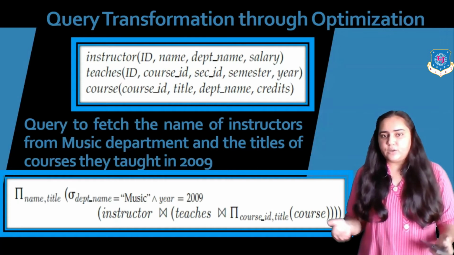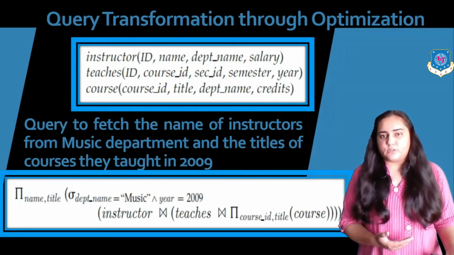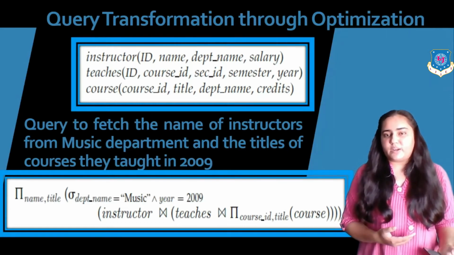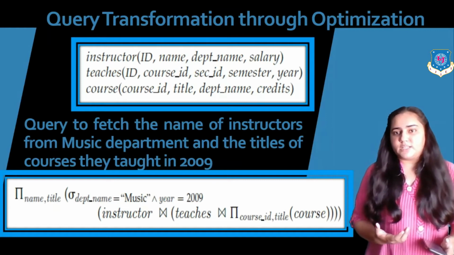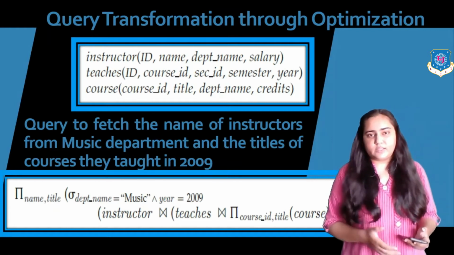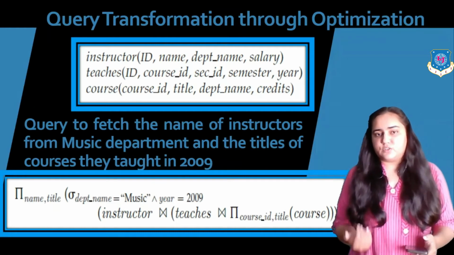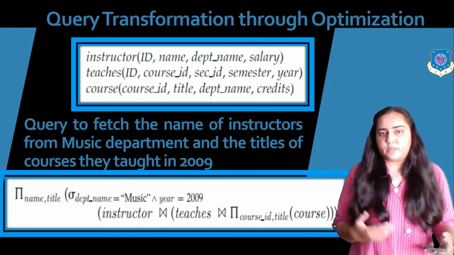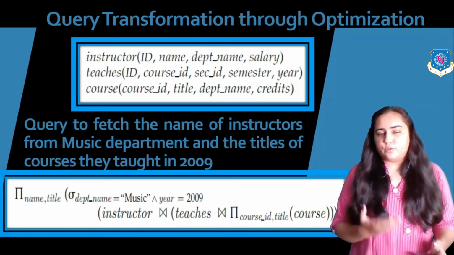And after fetching all this data, then I'm applying the project operation. The project operation is where I can finally get the resulting columns that I require. In this case, the resulting columns are names of instructors and the titles of the courses.